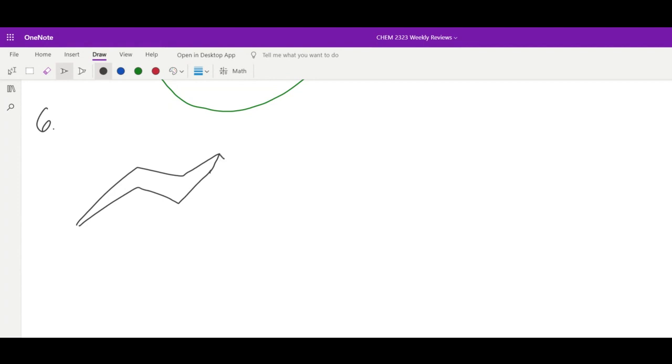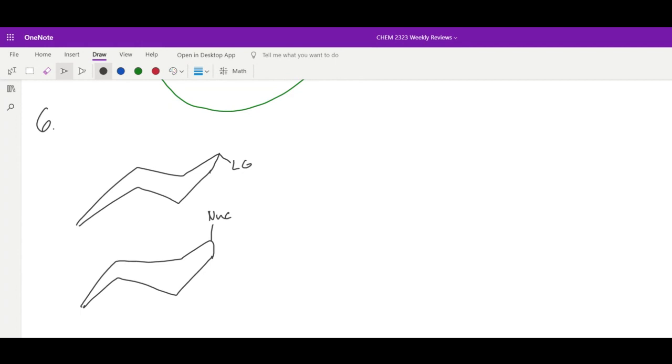So let's say my leaving group looks like this, and I know it's SN2, so I'm going to draw that. Let's just label this as LG.